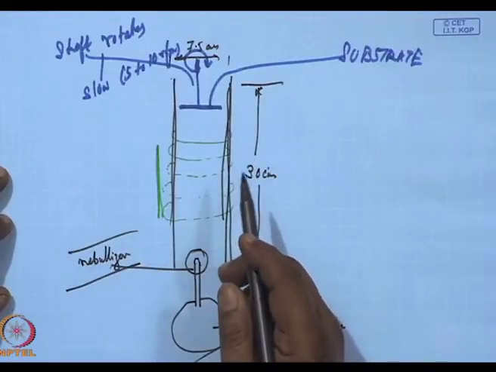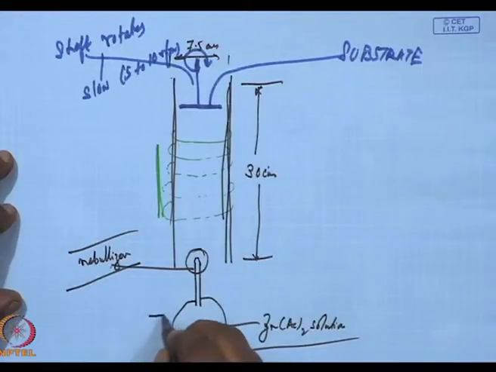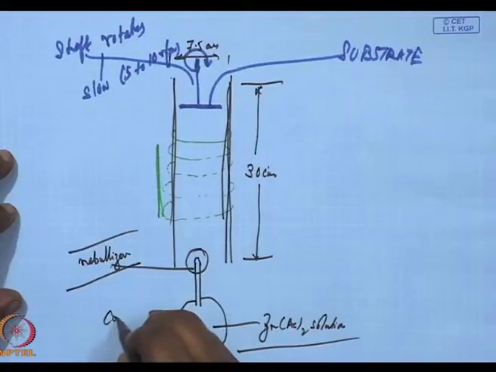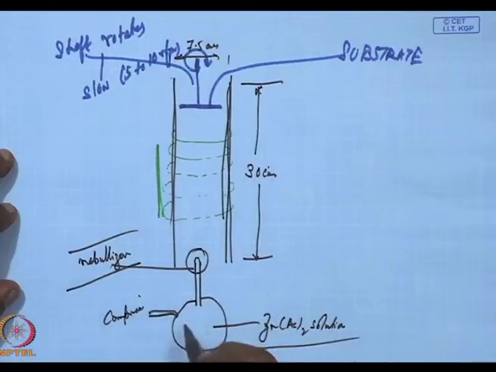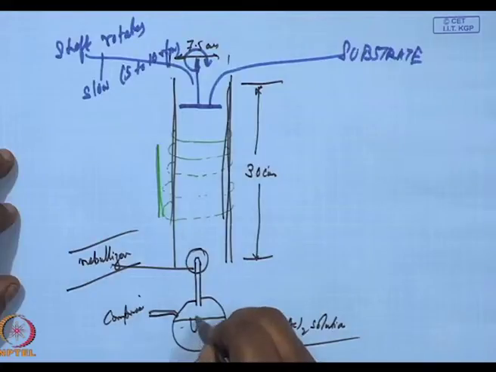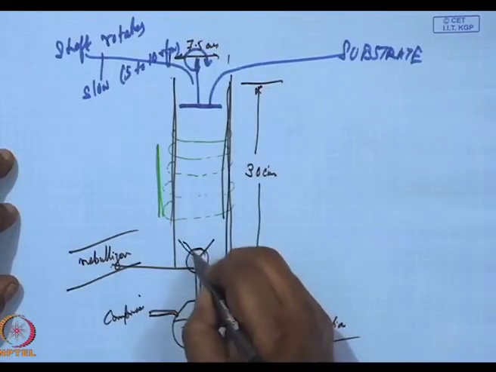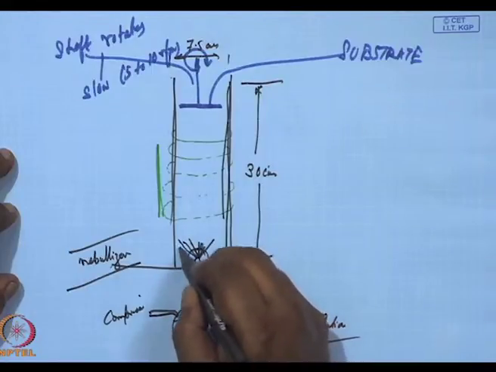Now, I have the zinc acetate solution over here, and I have connected this part to a compressor. The compressor pushes the liquid up through the tube, and here it forms a very, very fine mist.